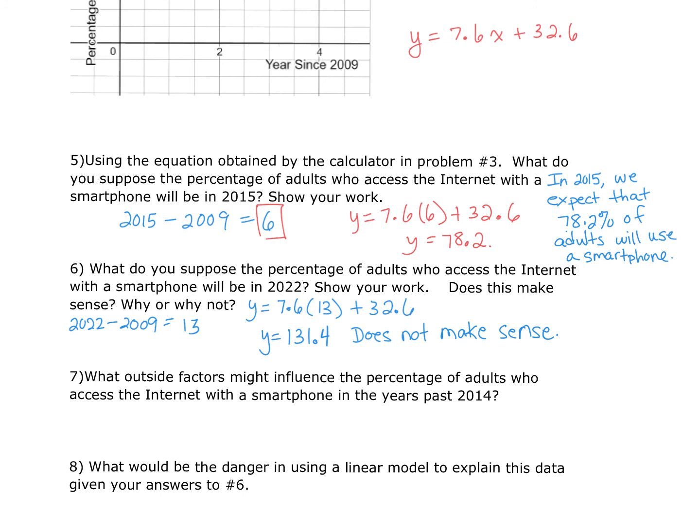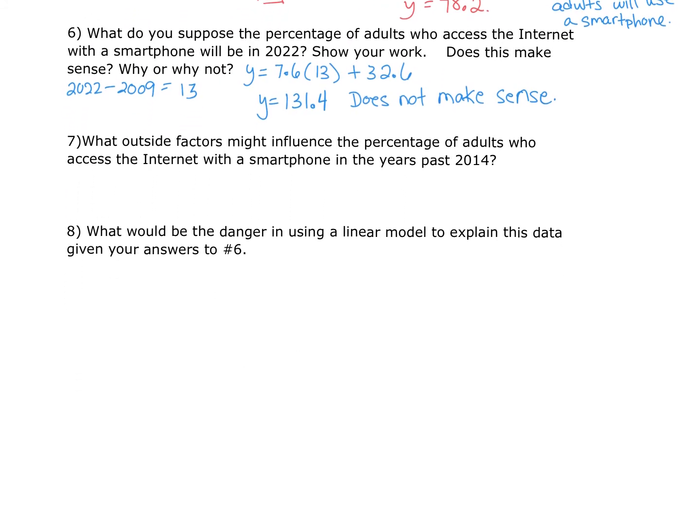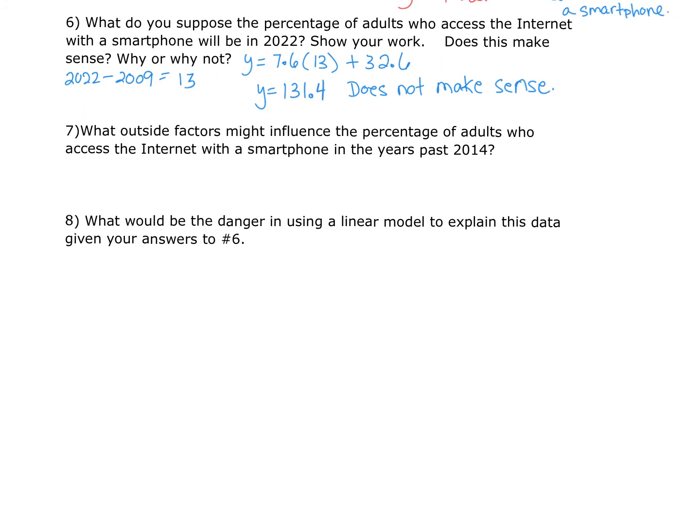So it's interesting to ask yourself, what outside factors might influence the percentage of adults who access the internet in the years past 2014? Well, I would think new technology, either new technology or better technology, would affect that.